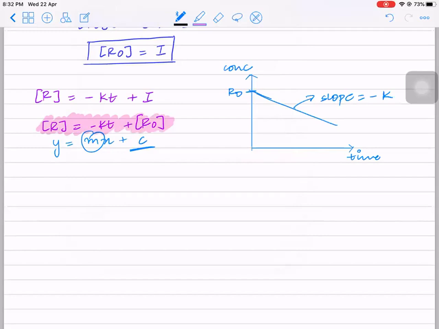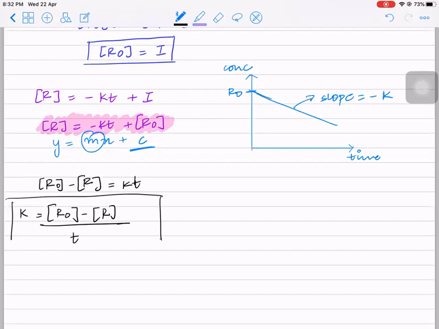I can further simplify it. How? I can bring all the R's together, so it can go as R naught minus R equals kt. I can further simplify this equation: R naught minus R upon t equals k.